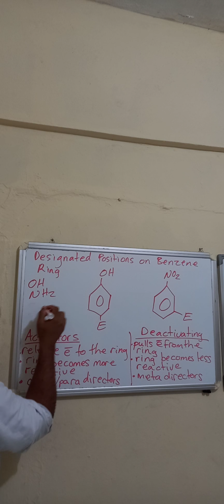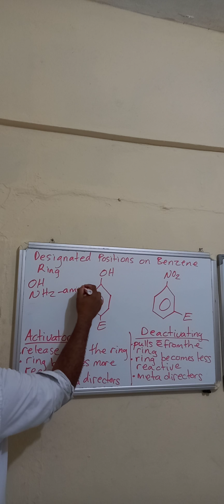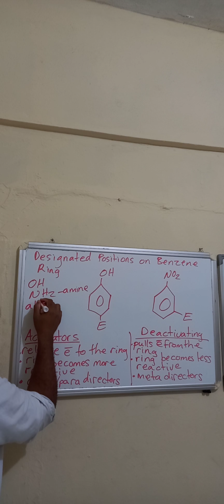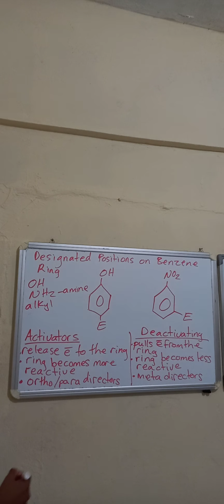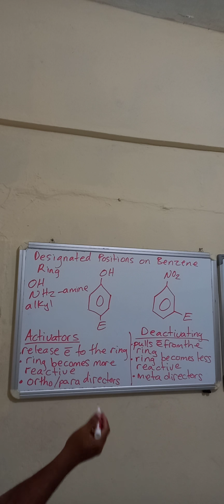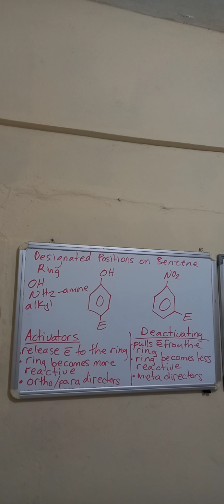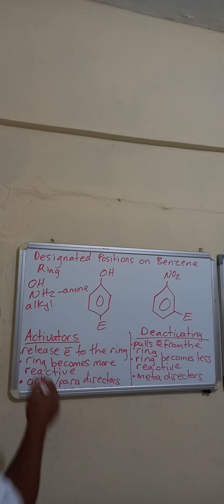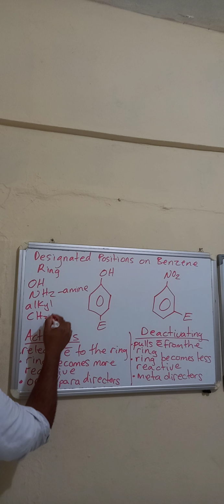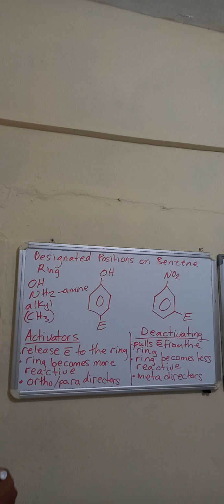Anything with amine, any alkyl group, those are releasing groups. That means methyl benzene, the methyl group, is also an ortho para director. So phenylamine, methyl benzene, and phenol, those would be ortho para directors. If you're adding anything, it would go ortho and para.